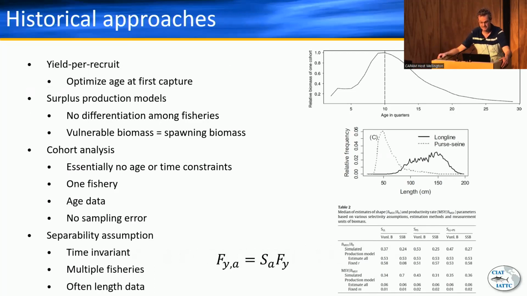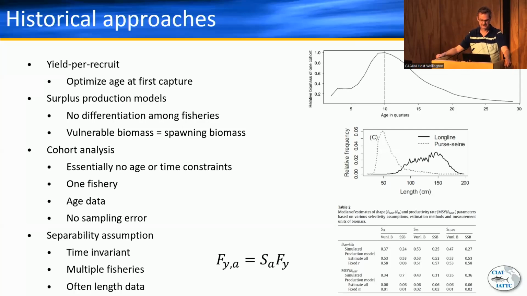Surplus production models don't have a defined selectivity. It's a little bit hard to understand because you have vulnerable biomass and spawning biomass being the same. And in a lot of fisheries, like the tunas, the purse seine catches small fish and the longline catches large fish, so it doesn't make sense that they're being treated the same in a surplus production model.